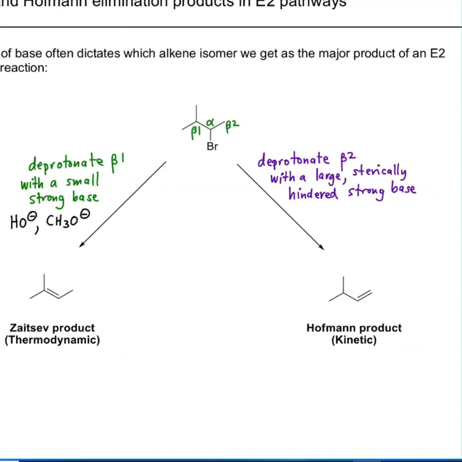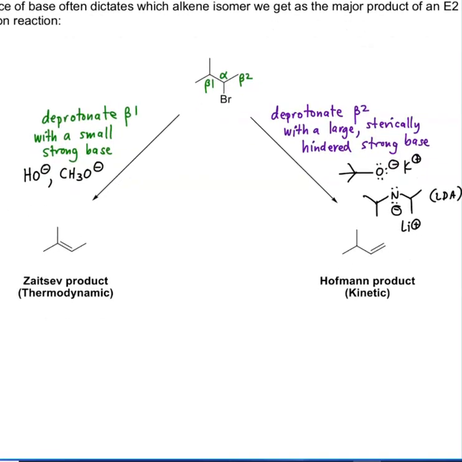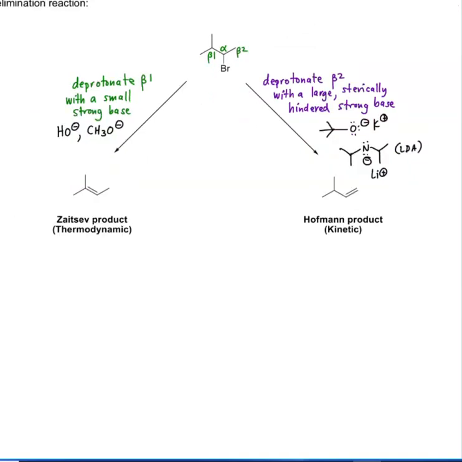So you probably already have some ideas of who that might be. And if you're thinking tert-butoxide, you'd be right. And if you're thinking LDA, you'd also be right. Tert-butoxide usually comes with a potassium counterion. Okay, so let's look at an example of this and see what's going on.